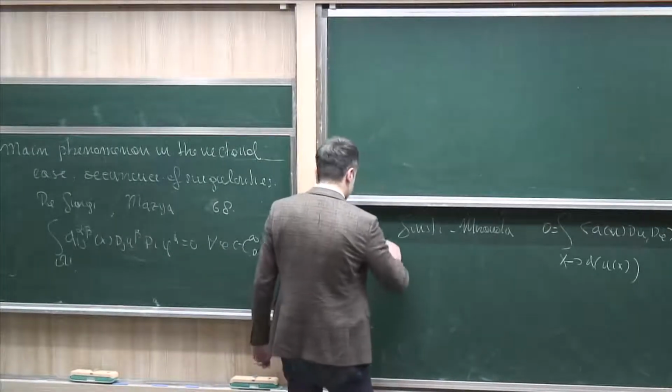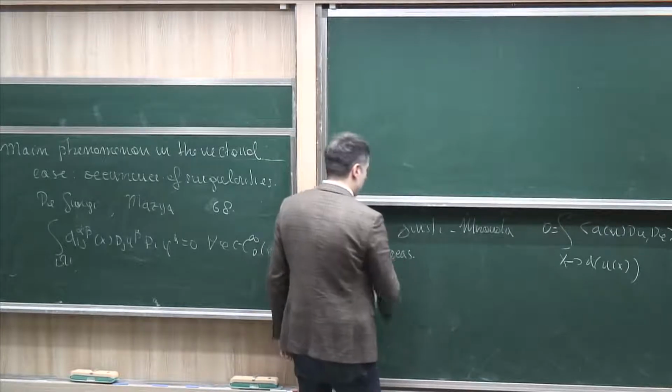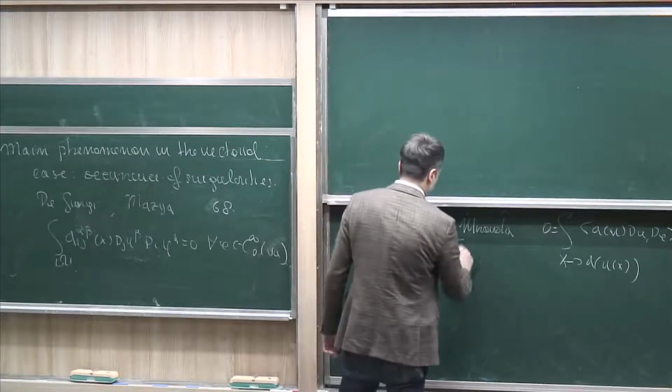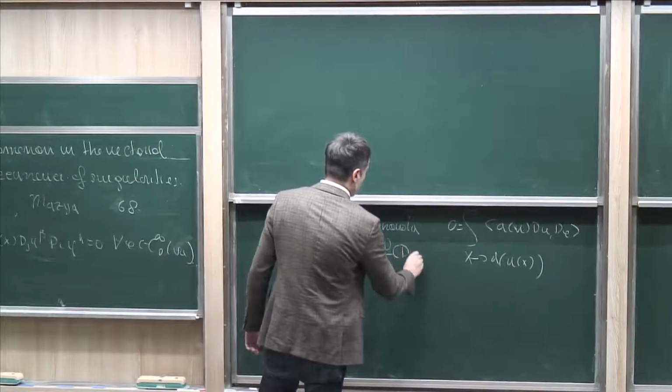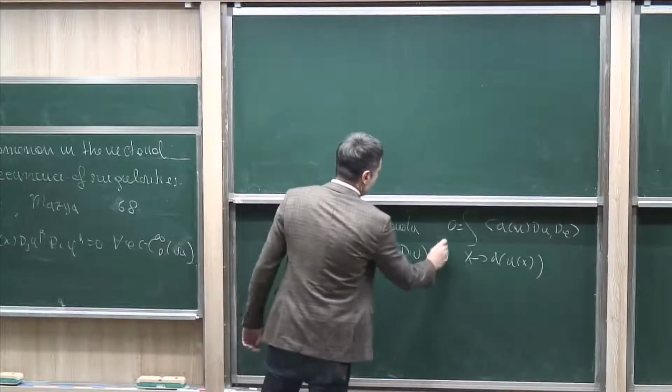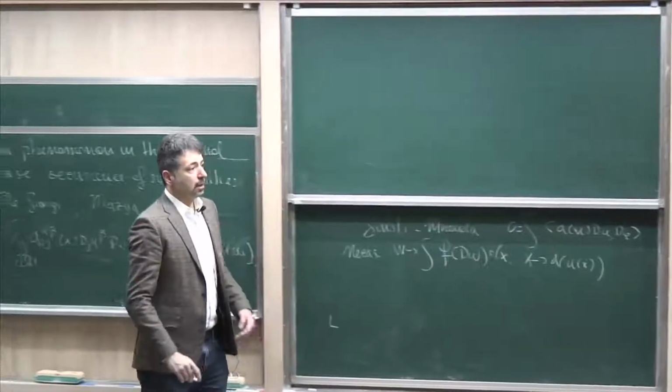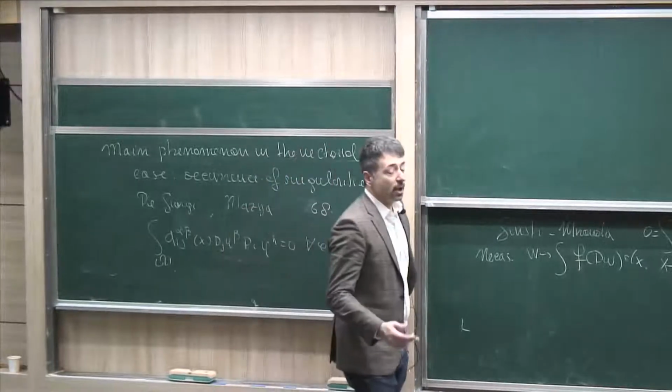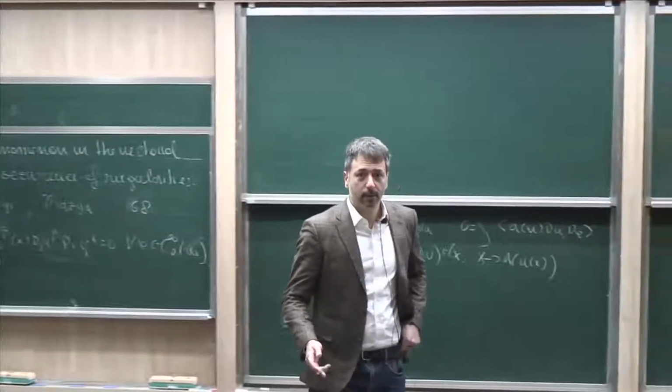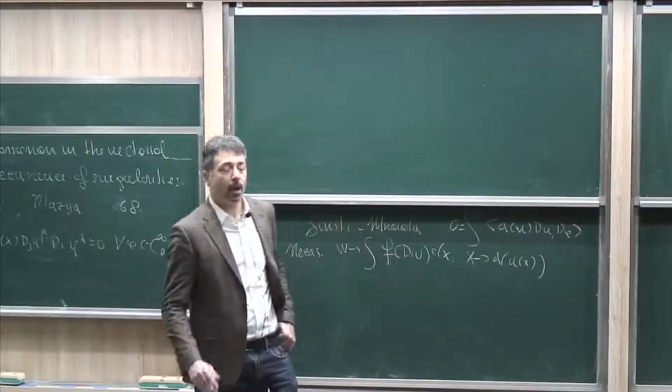And later on, Necas gave a remarkable example of a functional which depends only on the gradient, and turned out to have a minimizer which is not regular.